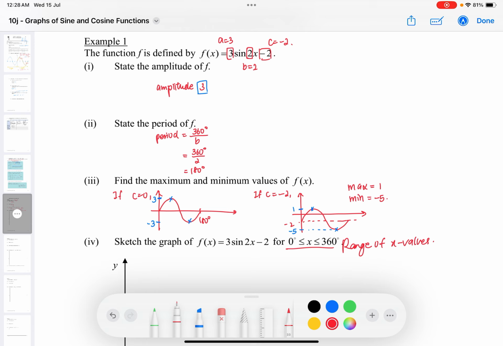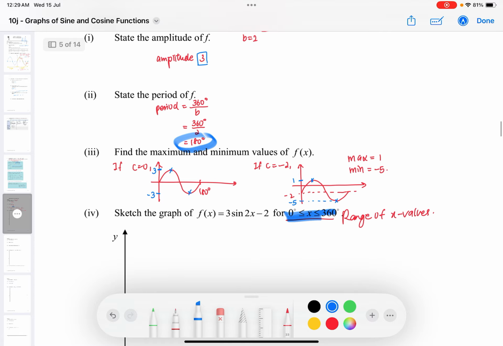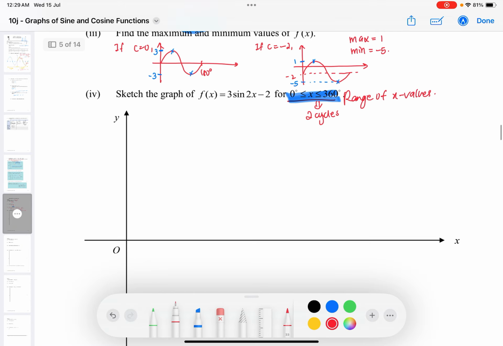Earlier we found the period is 180. So if one cycle is 180, then from 0 to 360, you will have to draw 2 cycles, isn't it? So we're going to divide this into 2 parts.